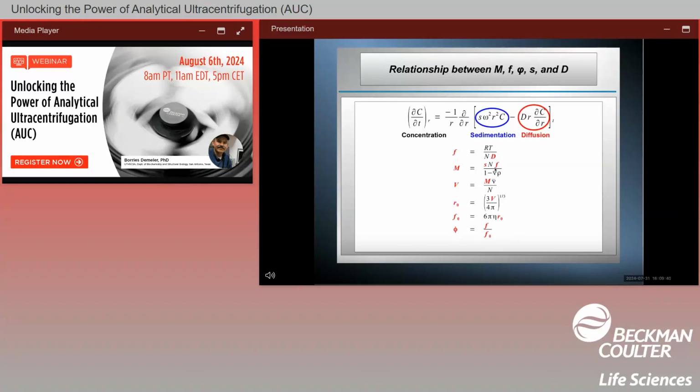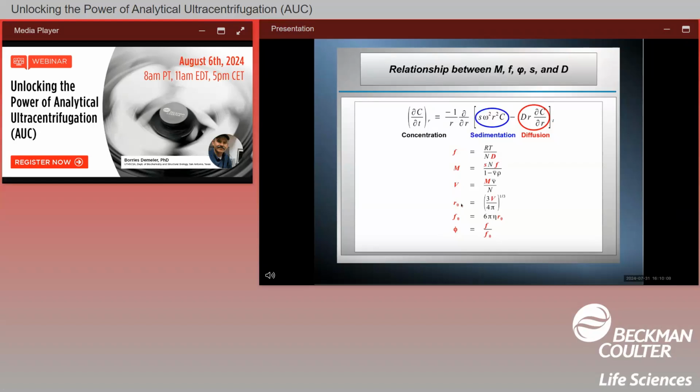Together with the frictional coefficient and the sedimentation coefficient, as well as the partial specific volume of the particle, we can then determine the molar mass of the particle. And once we have the molar mass and the partial specific volume, we can use this relationship to determine the volume of a single molecule. Once we have the volume of a single molecule, we can then plug it into the volume of a sphere equation to get the radius of that sphere.